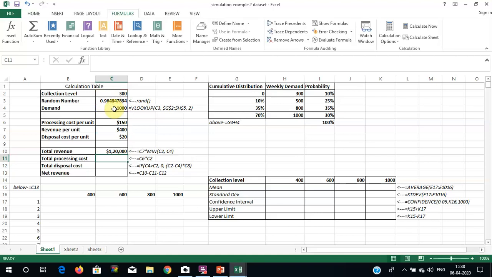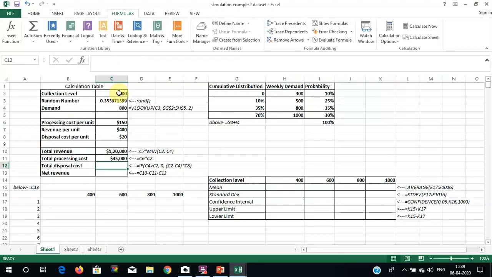Fair enough? Because suppose demand is 1000 and we collect 300, of course we will be selling 300. Suppose demand becomes 200 and we collect 300, then we can only sell 200. So this is the minimum. Processing cost, of course, is processing cost into the value we calculate.